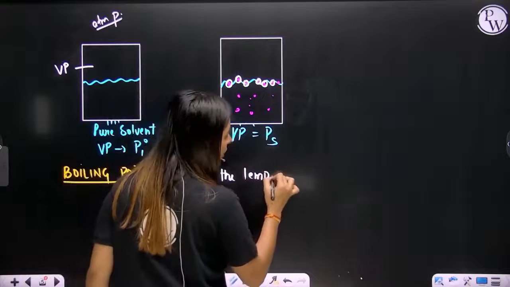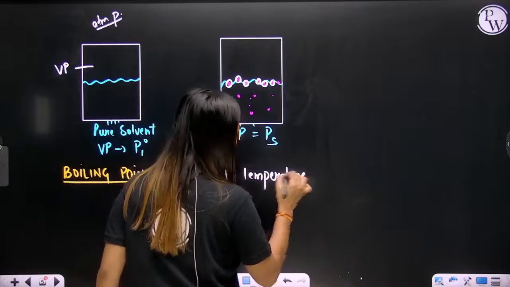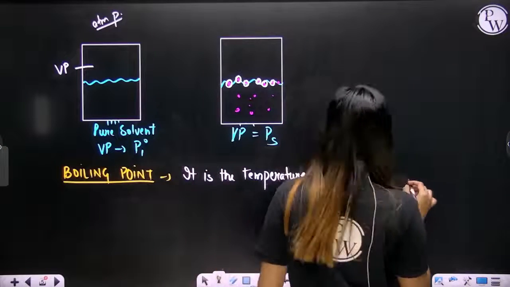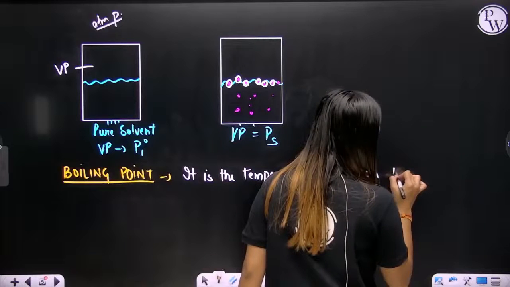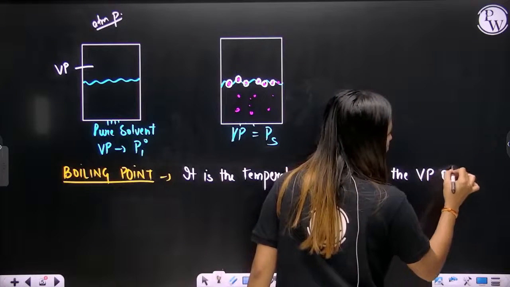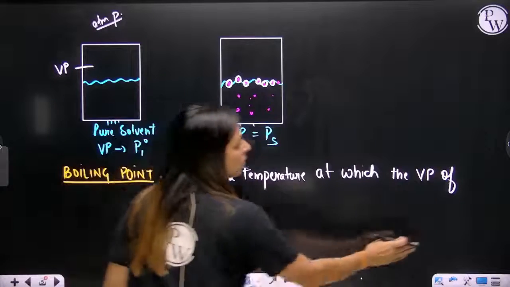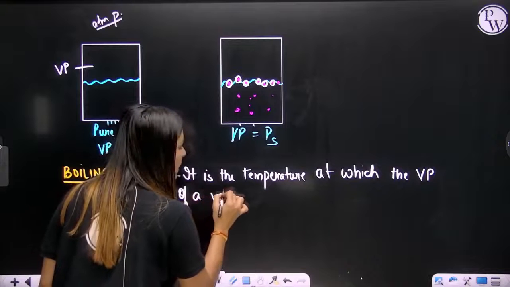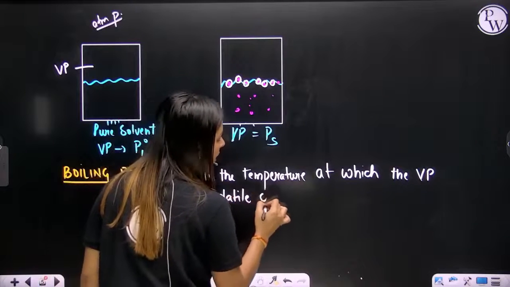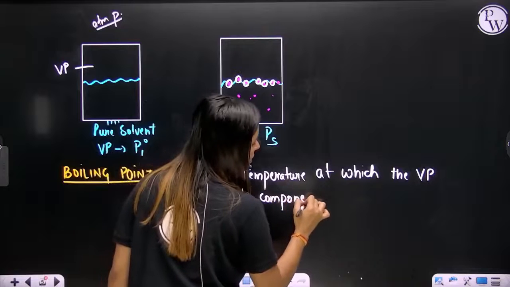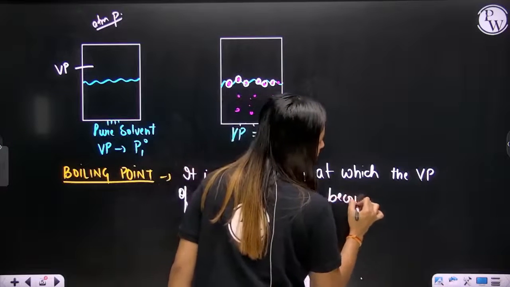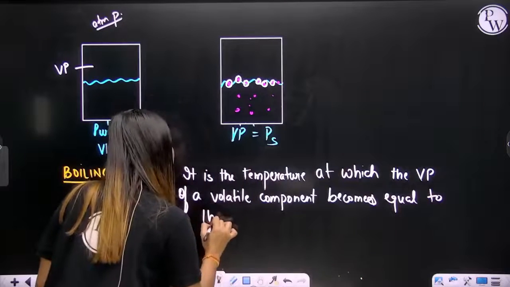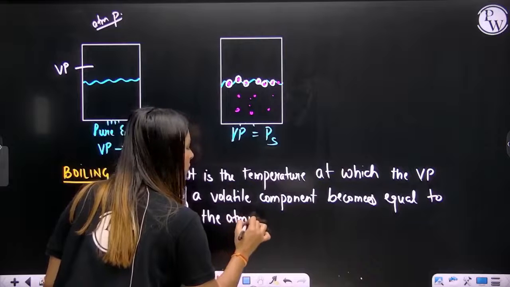temperature at which the vapor pressure of a volatile component becomes equal to the atmospheric pressure.